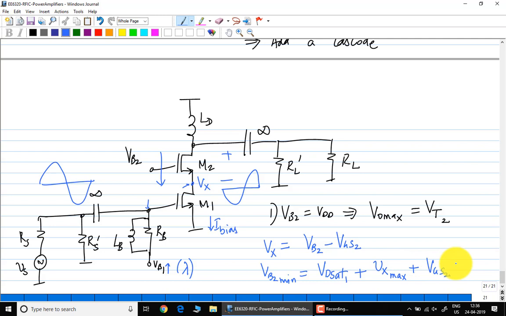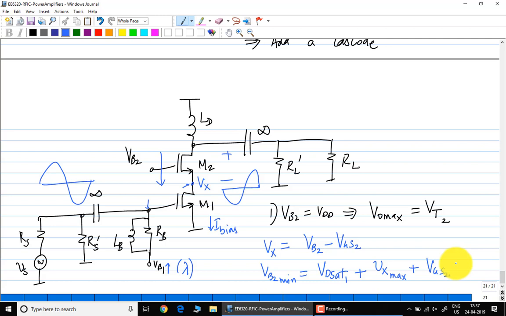Does it make sense to everybody? VGS2 plus the swing you expect plus VDSat1. The condition is going to be that M1 should never enter triode. Any questions? So you should bias it such that it just touches the edge of threshold.